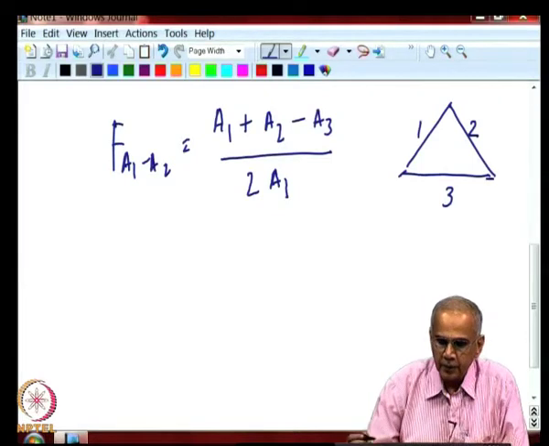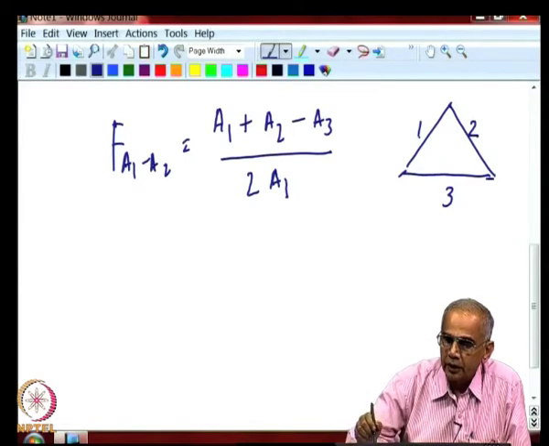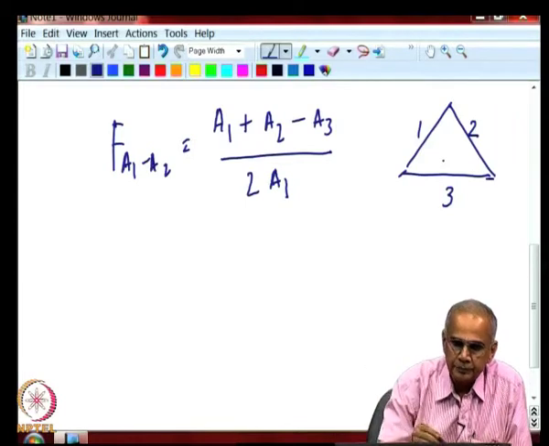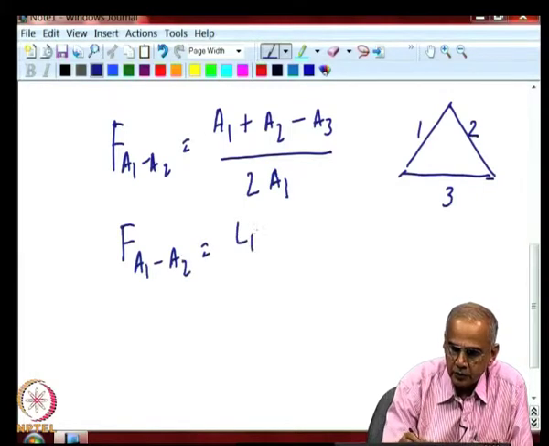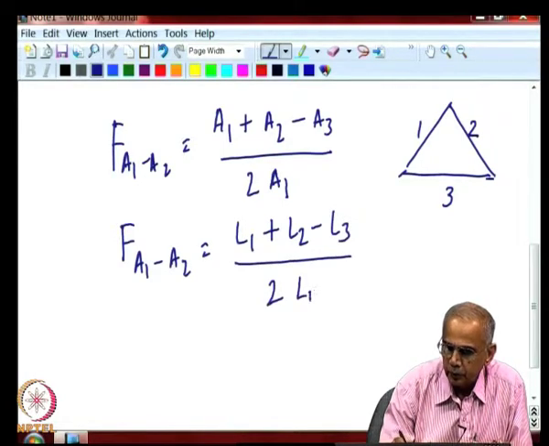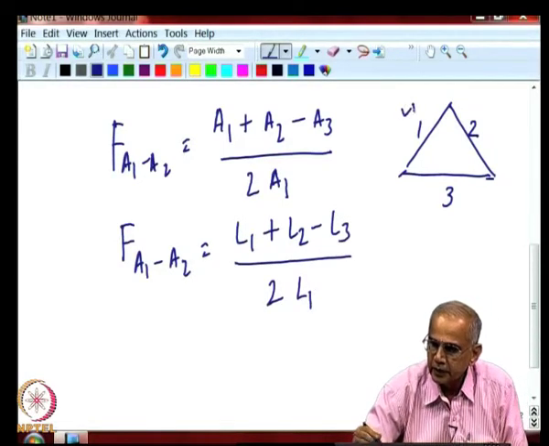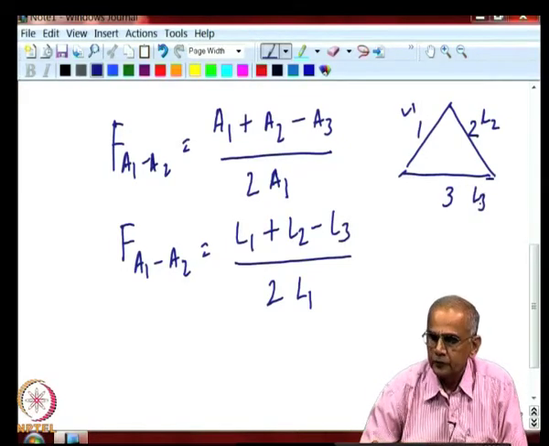Now, this result can be made to look simpler, because all the dimensions of this enclosure are infinite into the page. So, we can replace all the areas with lengths. So, length of 1 plus length of 2 minus length of 3 by length of 1, where L1 is this length, L2 is this length, and L3 is this length.